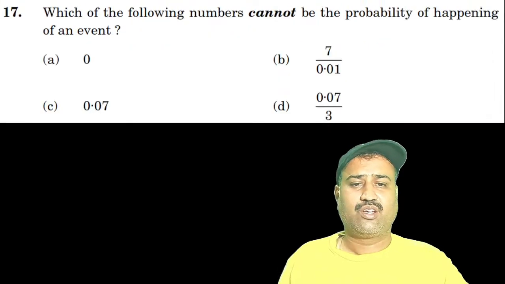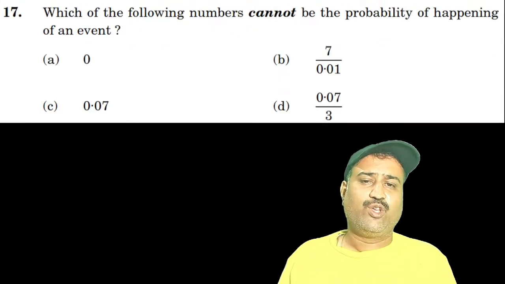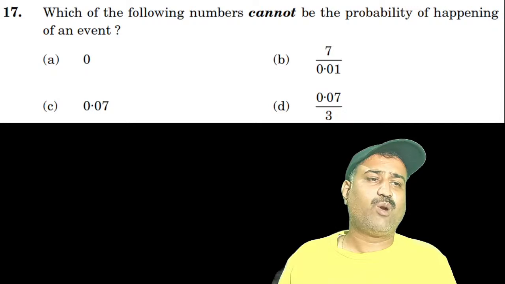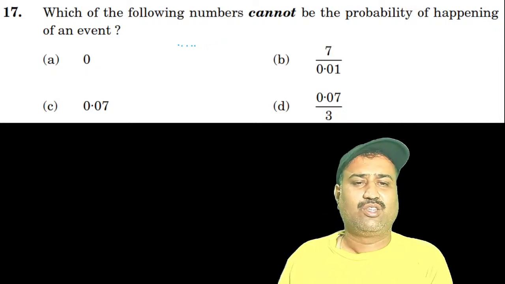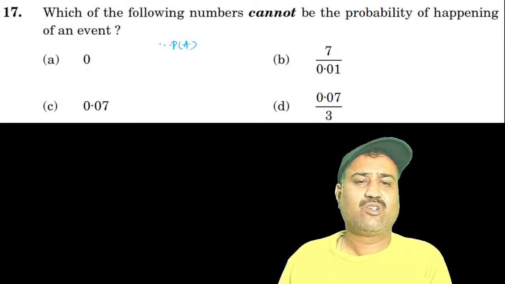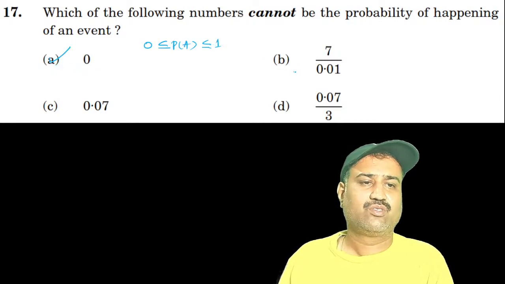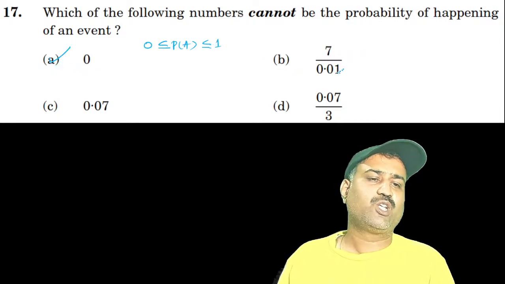Okay. Next question. Which of the following numbers cannot be the probability of the happening of an event? Again a probability question. The probability lies between 0 and 1, right? This is fine. 7 by 0.01 is what? It's definitely greater than 1.